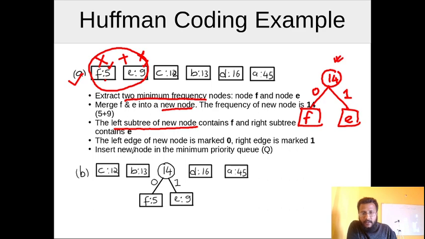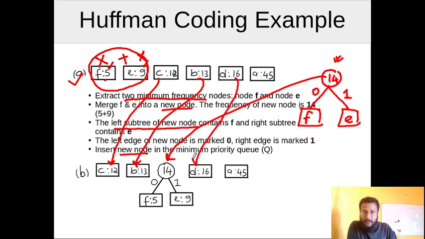Finally, I need to insert this new node in the queue. If I insert it in the queue, 12 is the minimum. So, C comes first here, then 13, B comes here, next is 14. So, this new node that is created comes here, and then next is 16. It comes here, and then 45 comes here.